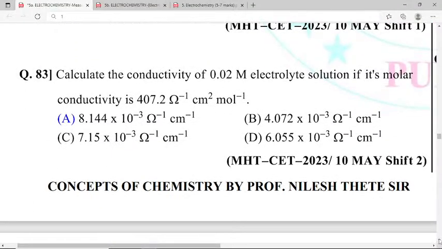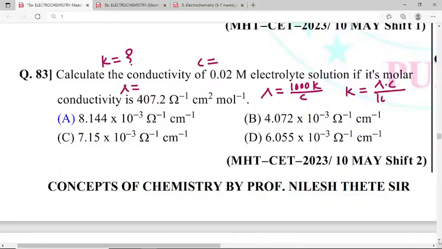Calculate the conductivity. Concentration is given. Its molar conductivity is given, calculate the conductivity. So K is equal to question mark. Molar conductivity lambda is given. So the formula, molar conductivity is 1000 K divided by C. So K is equal to lambda C divided by 1000.